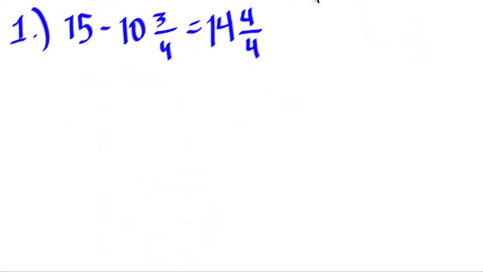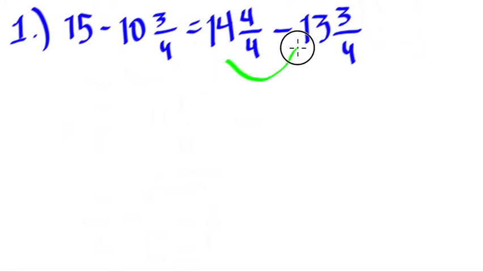This 4/4 is for the sake of making all of this easy. As you can see, we're making sure that the denominators are the same, so we can do this kind of subtraction. We subtract whole numbers and separately subtract fractions. 14 minus 13 is clearly 1.